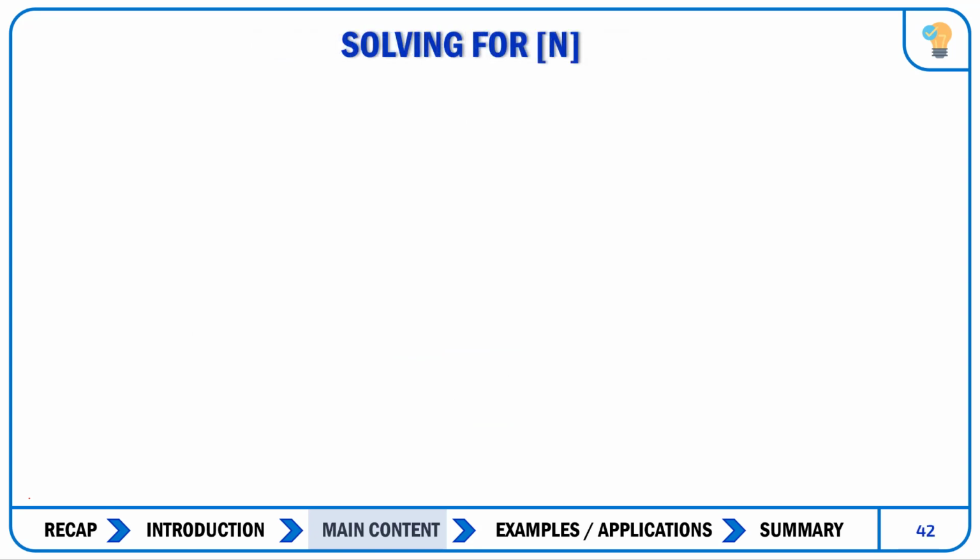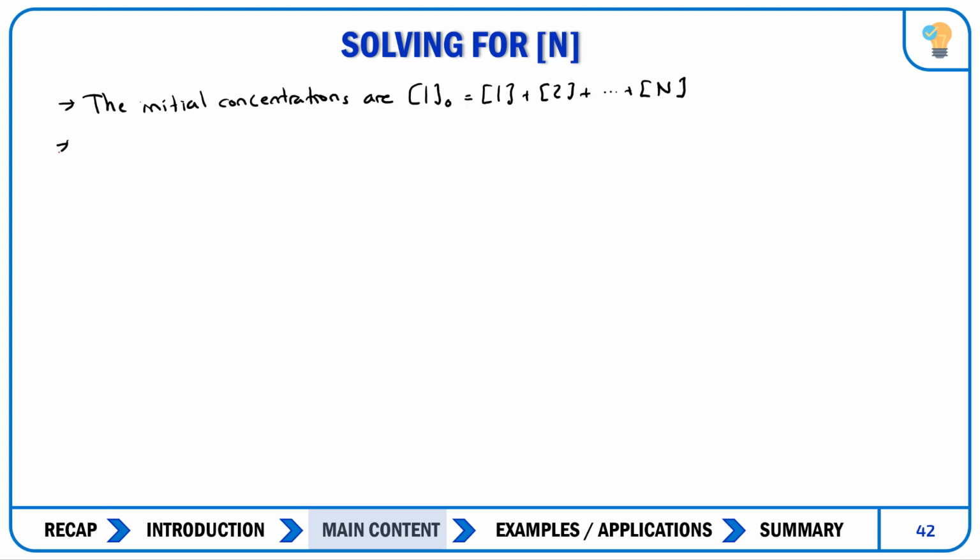So sometimes you want to solve for N, and that means we can say the initial concentration c1 naught is equal to c1 plus c2 plus all the way up to cN. So that basically says these are all of our concentrations of 1-mers, 2-mers, 3-mers, up to N-mers, all in your solution.